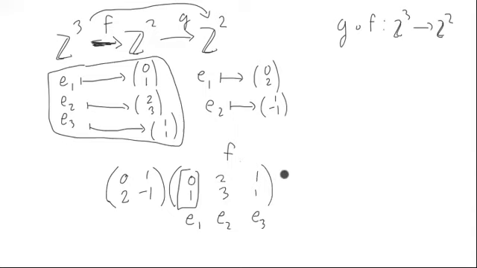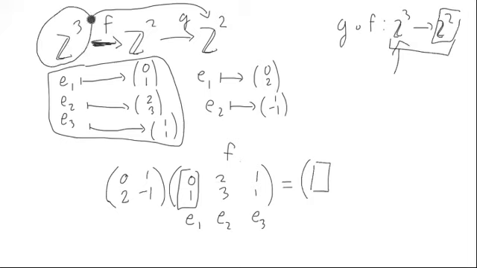Well, the composition has outputs in Z2, so we're going to have columns again that are size 2. Now, what's the input? What's the domain? The domain of the whole composition is actually Z3. So again, it's going to look like E1, E2, and E3.